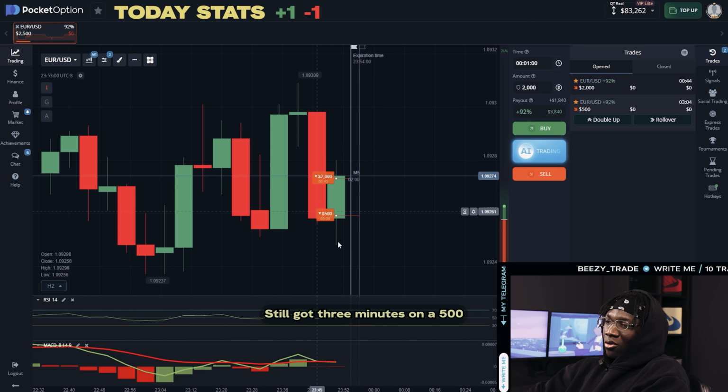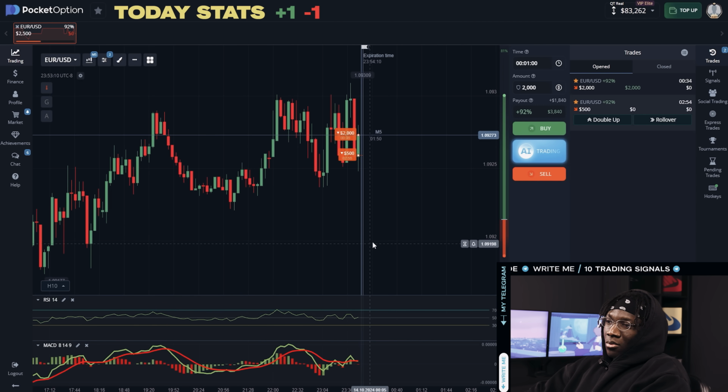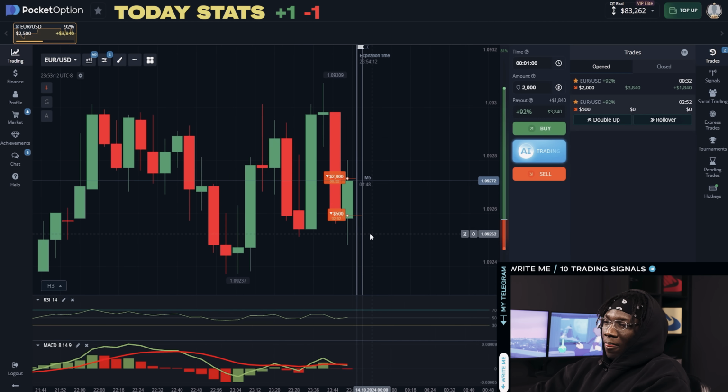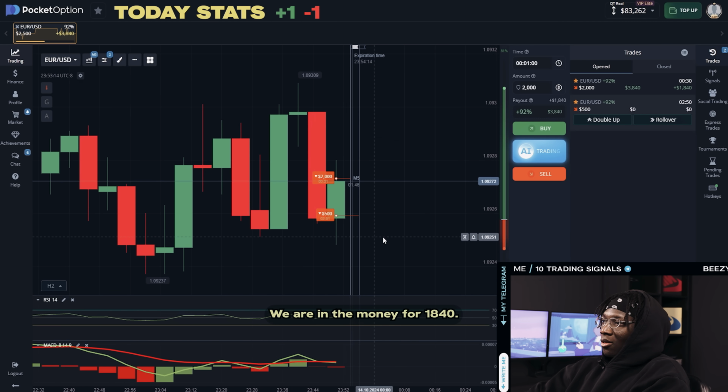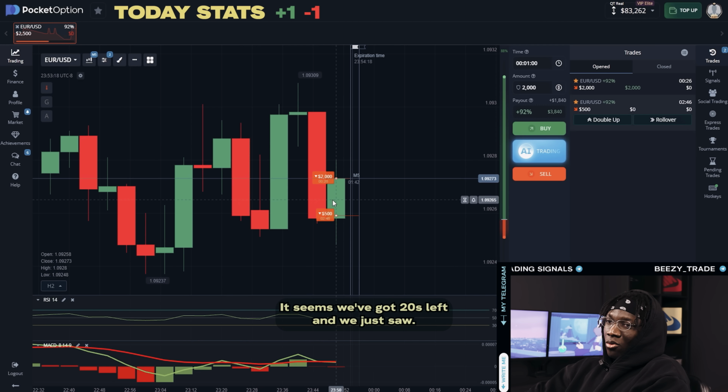Still got 3 minutes on the $500 trade. We are in the money for $1,840, it seems, but we've got 20 seconds left, and we just saw a hell of a bullish candle right now.